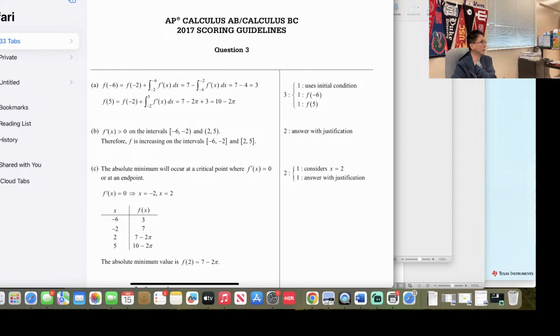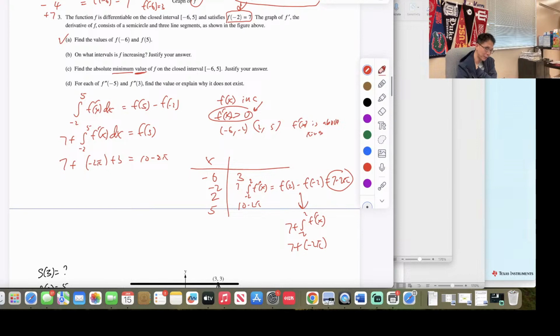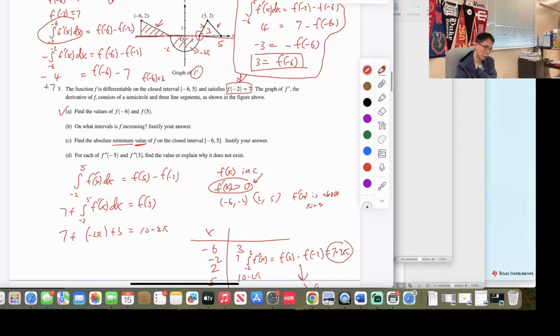Is this hard? Not really, yeah. And then I'll show you the last part. F double prime of -5. Well, -5 is roughly right here, right? And so f double prime of -5 is equal to rise over run.